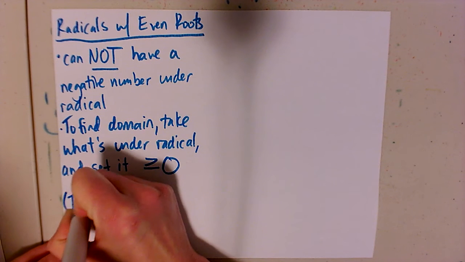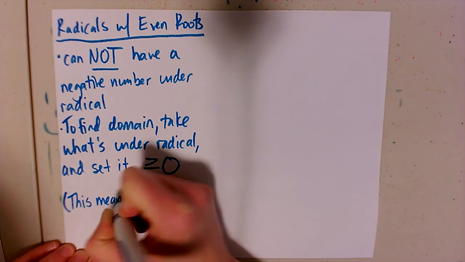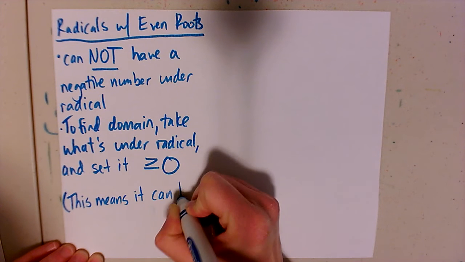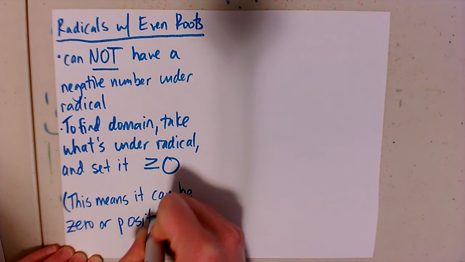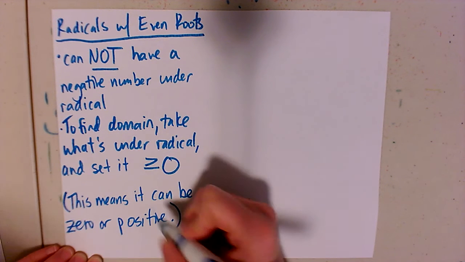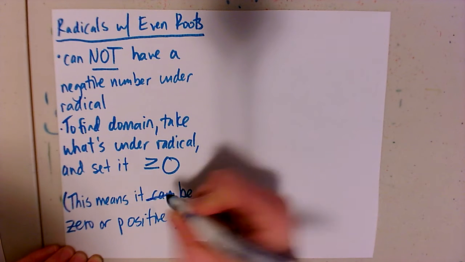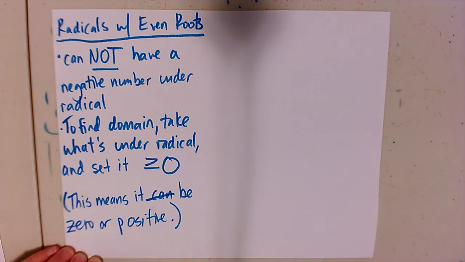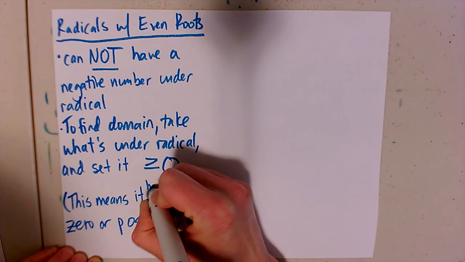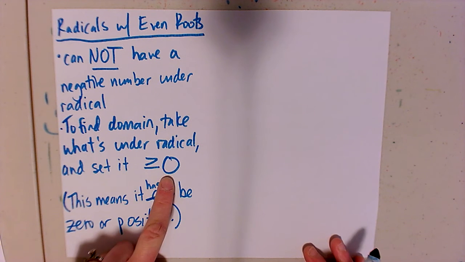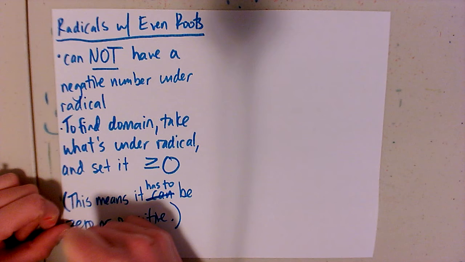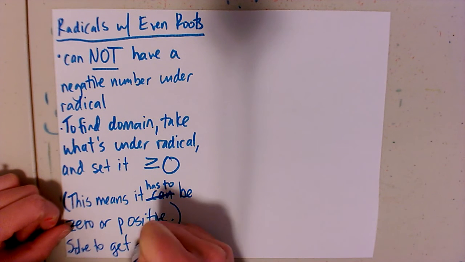Or maybe a more exact or definitive thing to say would be, this means it has to be 0 or positive. Whatever you have underneath the radical of something with an even root has to be 0 or positive. So you set it greater than or equal to 0, and then you solve to get your domain. And we'll do some examples with that.